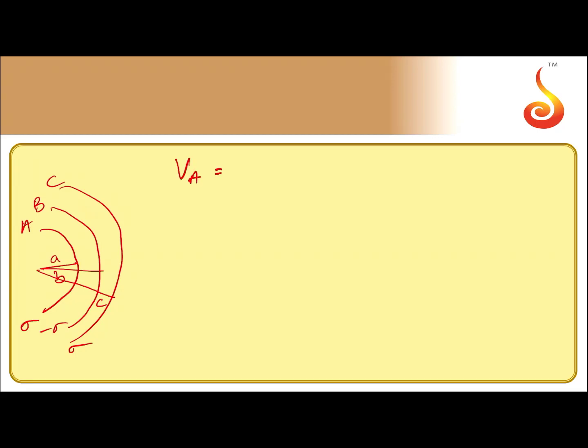Potential of A is because of its own charge and the other charges. What is it? This is K, and I can write the charge as charge density into area. So sigma into 4 pi a square divided by a, minus sigma into 4 pi b square, that's the charge on the middle conductor, divided by b, plus sigma into 4 pi c square divided by c.